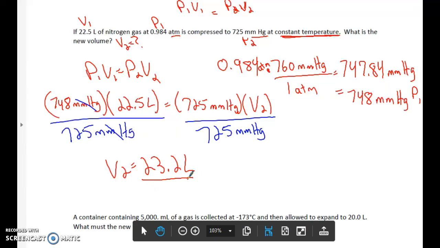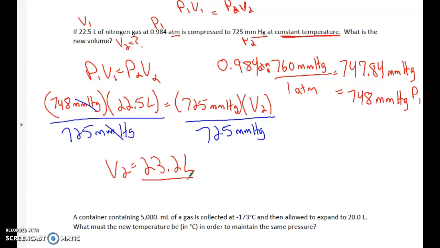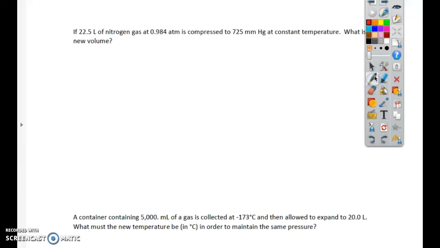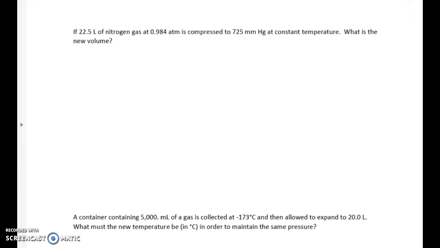Now, if we ended up doing the other conversion, I'm going to erase all of this. So let's say I took the 725 millimeters of mercury, which we had listed as P2, and converted that to atmospheres.